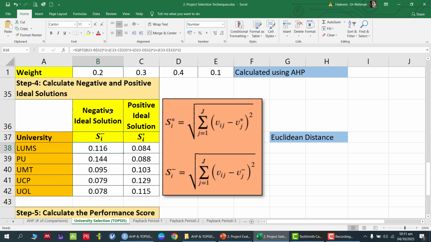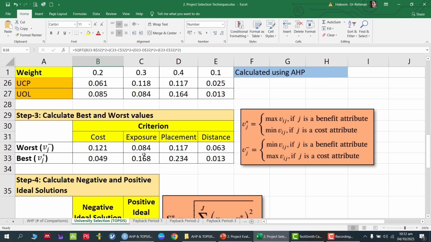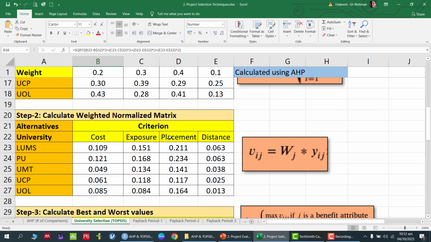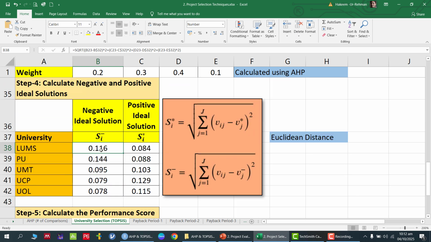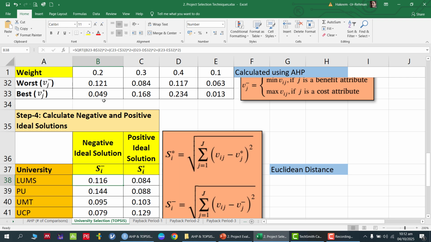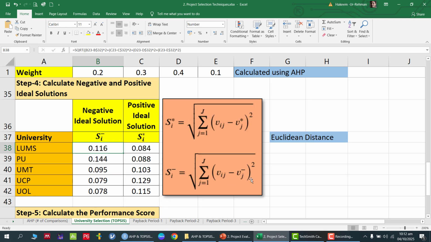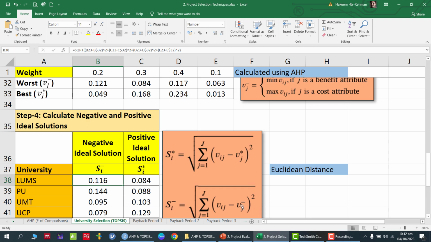So in order to find the negative ideal solution, we are going to calculate the Euclidean distance from the Vij values, that is the distance from the worst solution for every Vij value.